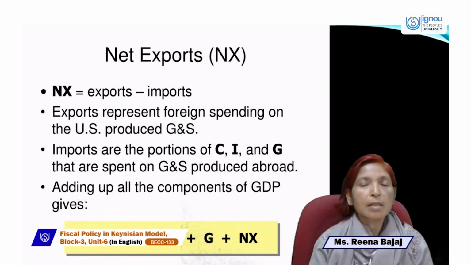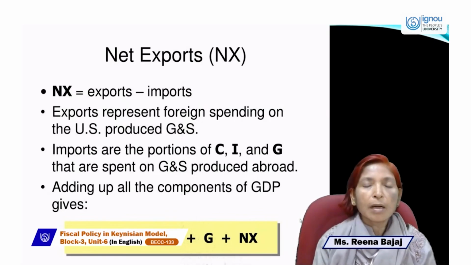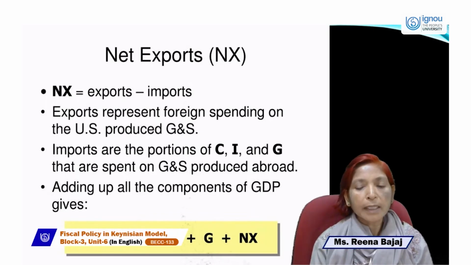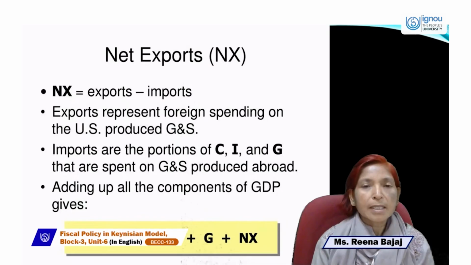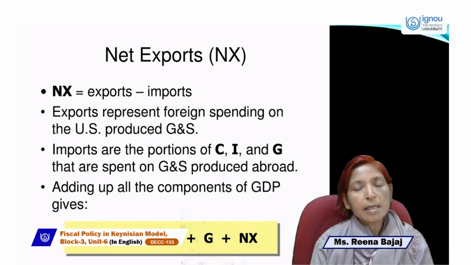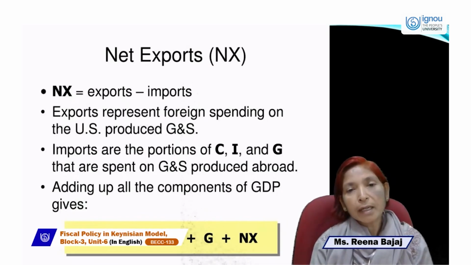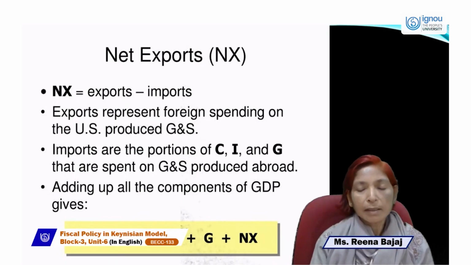Adding up all these components, we get GDP or income level: C plus I plus G plus net export. These are the components of GDP by the spending method, and these are the main components of aggregate demand in a four sector economy.